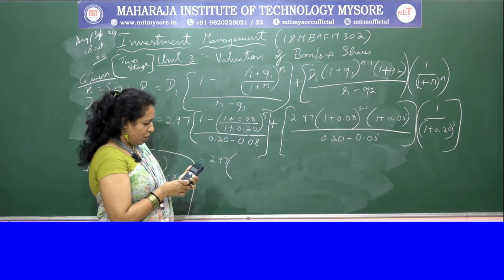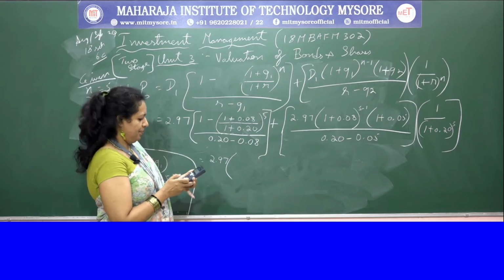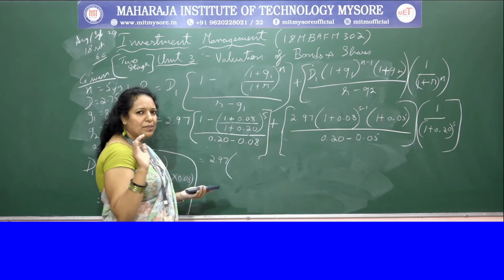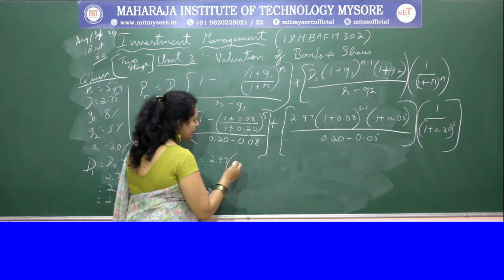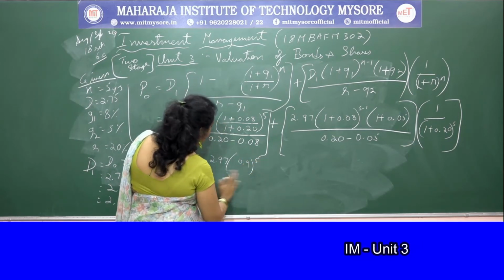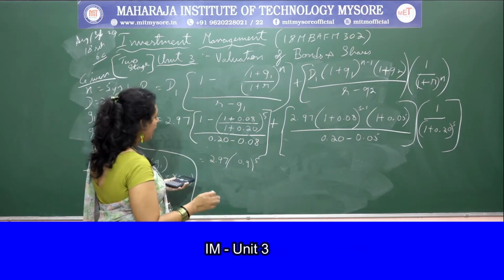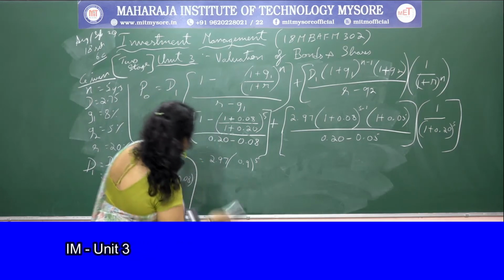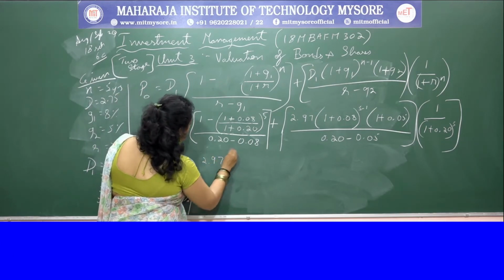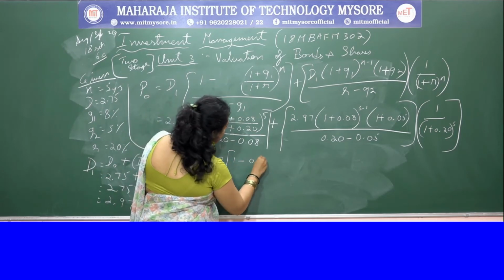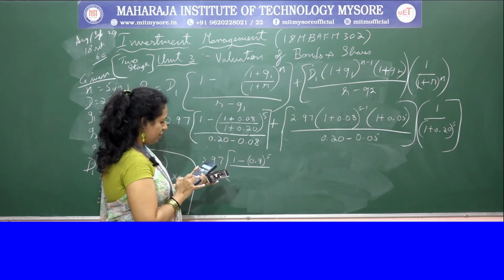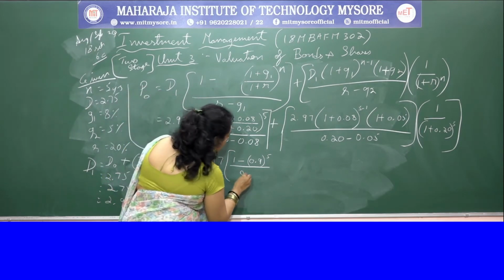First we'll do this: 1.08 divided by 1.20, you get 0.9. If you want the step-by-step substitution for the first problem, I'll do step-by-step substitution. 0.9 to the power of 5, whole divided by 0.20 minus 0.08, you get 0.12.